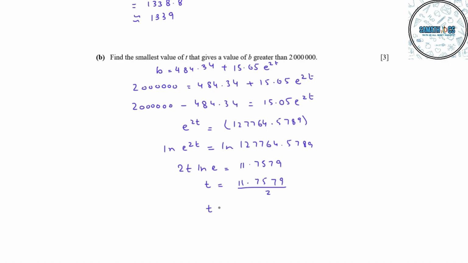T is equal to 5.8789, which is 5.88. So this is the value of t, which will give the value of b greater than 2 million.